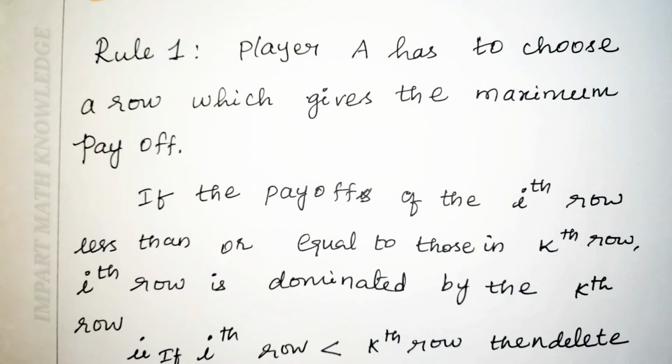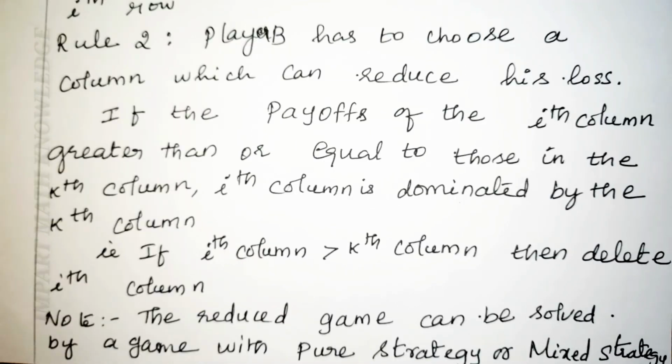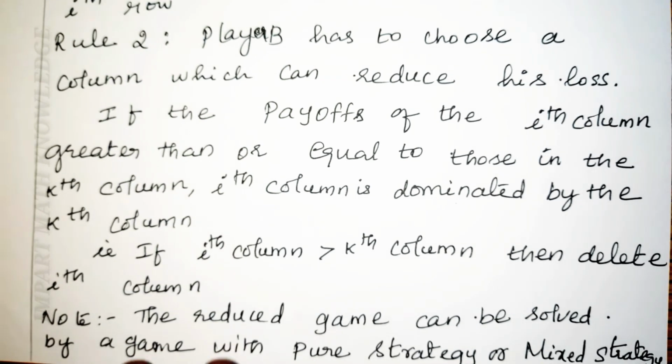So, if ith row is less than or equal to kth row, we have to omit the ith row. Rule 2: player B has to choose a column which can reduce his loss. If the payoff of the ith column is greater than or equal to the kth column, player B prefers the kth column. So, we have to omit the ith column.